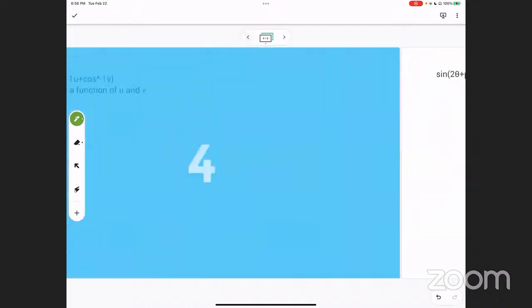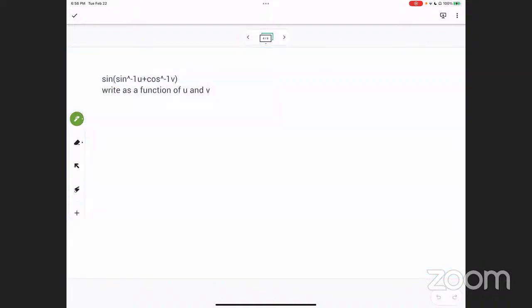All right, let's go backward now and just find problems as a function of u and v. Let me just rewrite this. This is saying sine of sine inverse of u plus cosine inverse of v. Is that what that's saying? Do we have the identities that we can use?